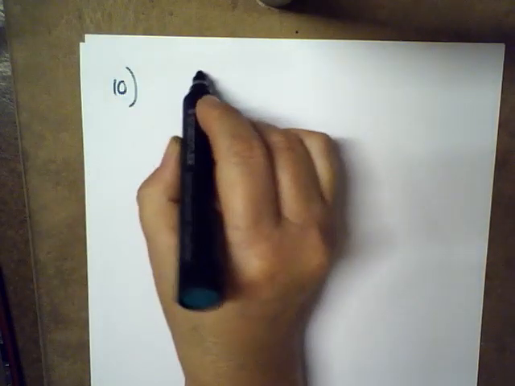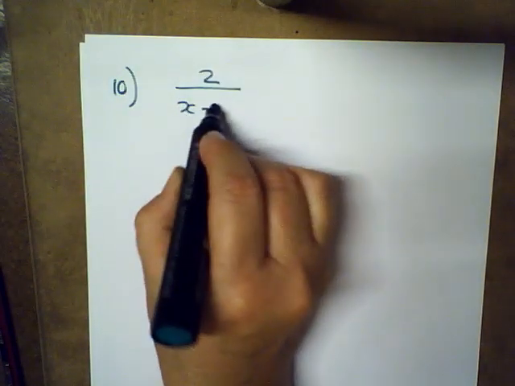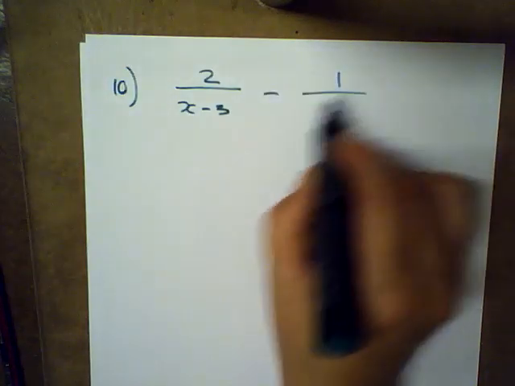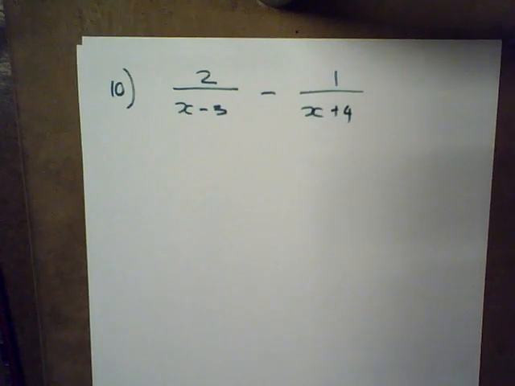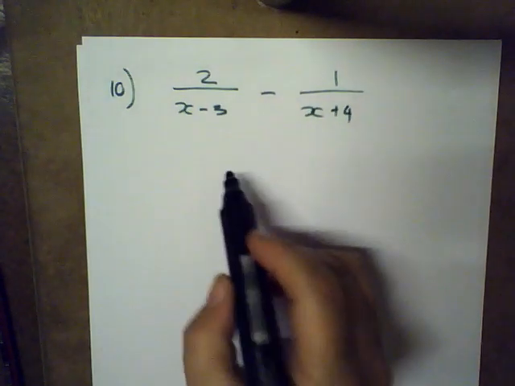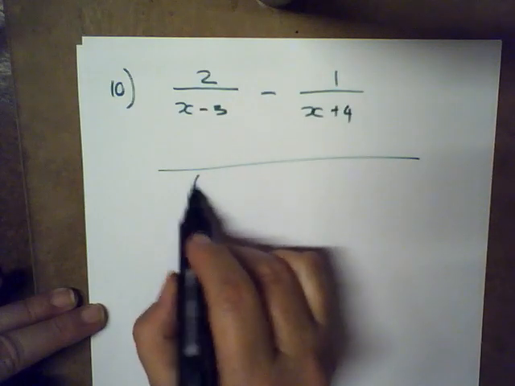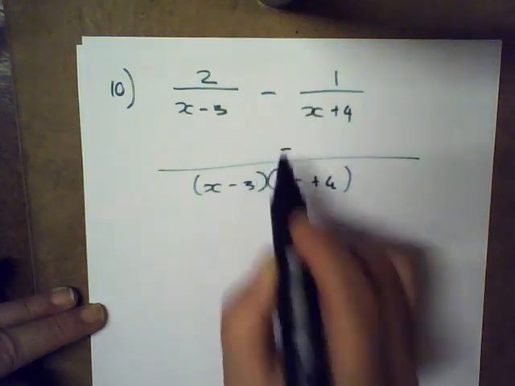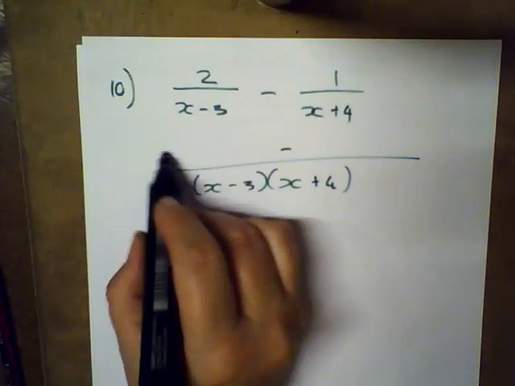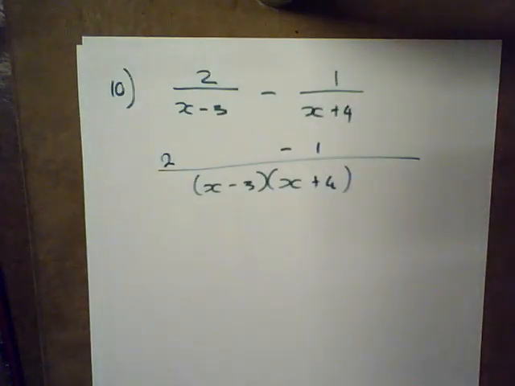Work out as a single fraction, question 10. We have 2 over x minus 3, minus 1 over x plus 4, and I've got to write that as a single fraction. My denominators have to be the same. So x minus 3, x plus 4, the negatives stay there, and the 2 and the 1 in my numerator stay.